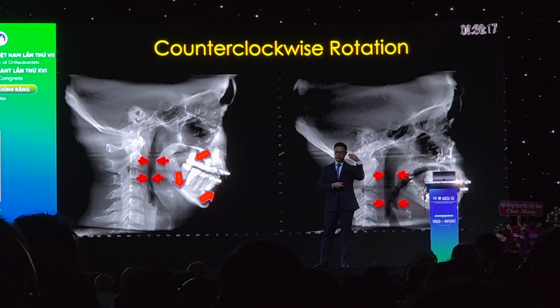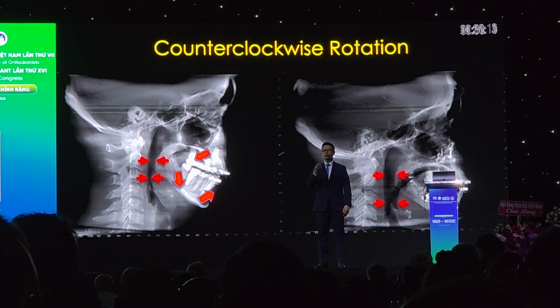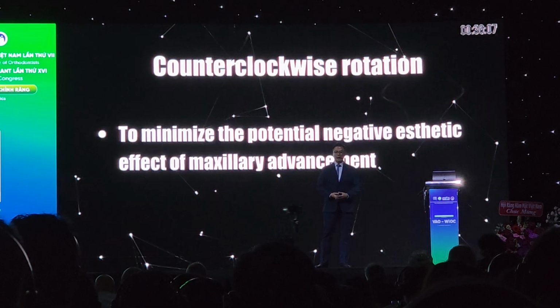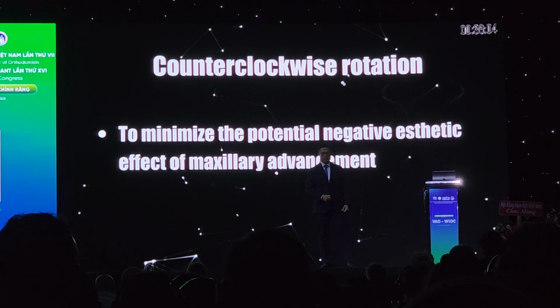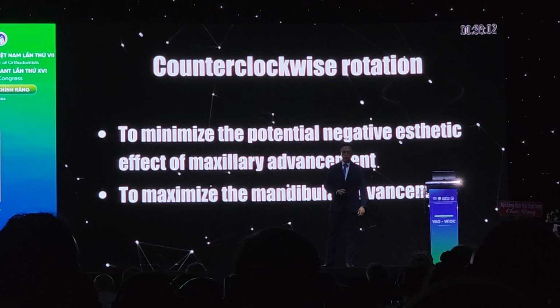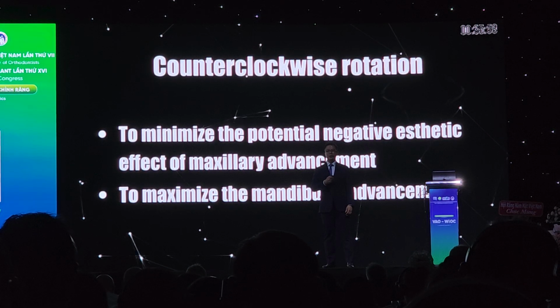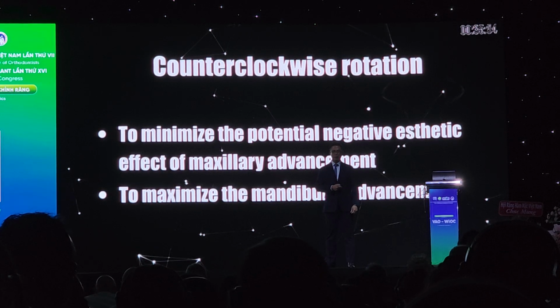So when you flatten the occlusal plane by counterclockwise rotation, you don't need to bring the upper jaw forward a lot. You can still bring the lower jaw forward. So counterclockwise rotation minimizes the potential negative aesthetic effect of the maxillary advancement and also maximizes the mandibular advancement. So most of the patients now doing the surgery have some form of counterclockwise rotation.